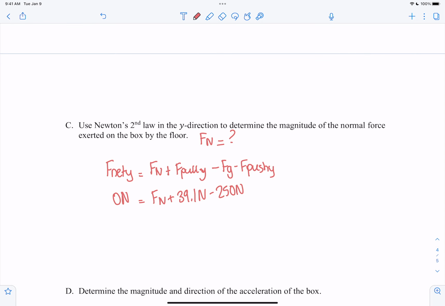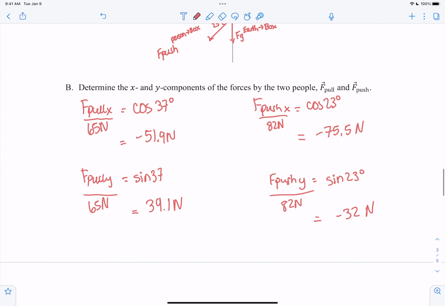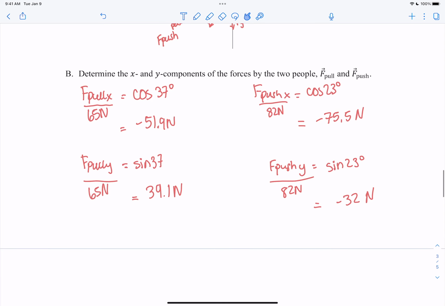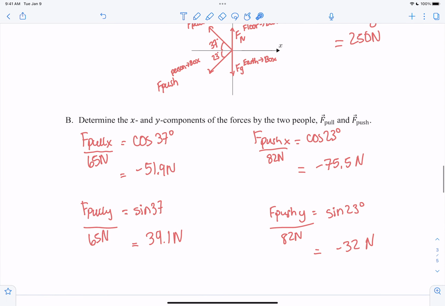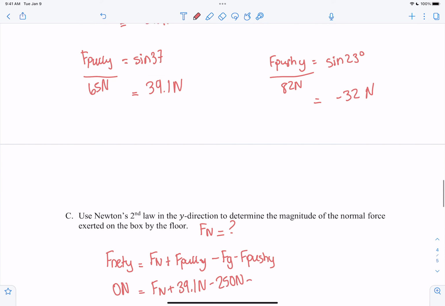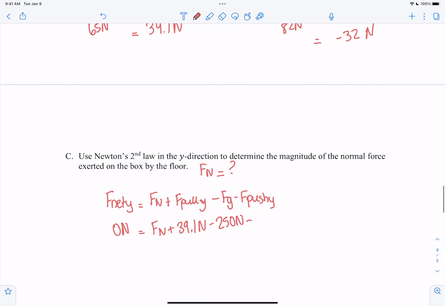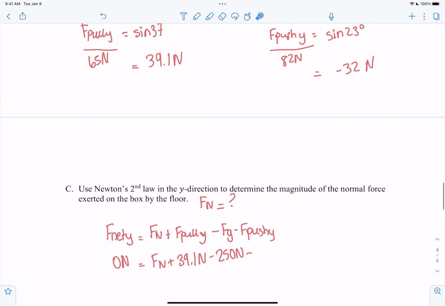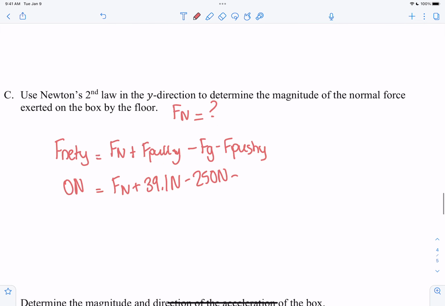And then F push y, figured that out as well. This was the negative 32 newtons. Once again, this integrates direction for that answer because they wanted us to indicate the directions for part B, since they didn't ask for magnitude. If they didn't ask for magnitude, be sure that it's always asking for direction, so you have to indicate the signs in your final answers. But since I'm integrating the direction within the equation itself, I just put in the absolute value of that answer, which is 32 newtons.